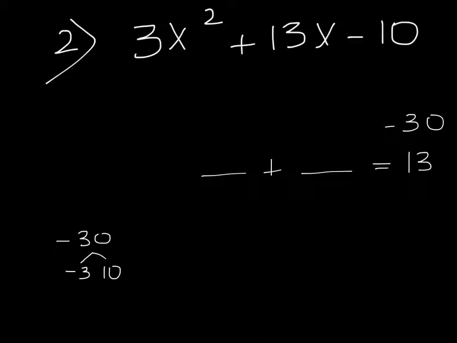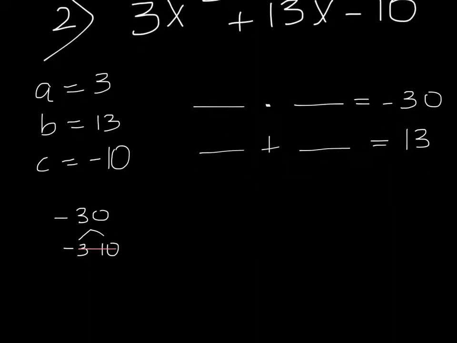They will add up to 7. So that's not it. Think of another 2 numbers that would multiply to give you -30. 15 and 2. One of them has to be negative. Let's say that the 2 is negative. 15 times -2 is -30. That's correct. And when you add them, you get 13. So the 2 numbers are 15 and -2.